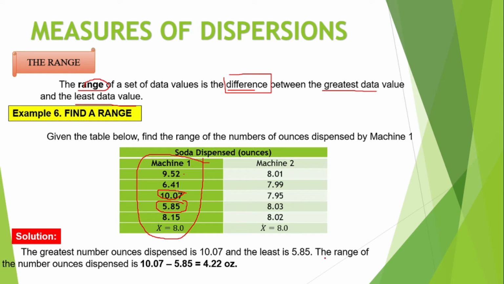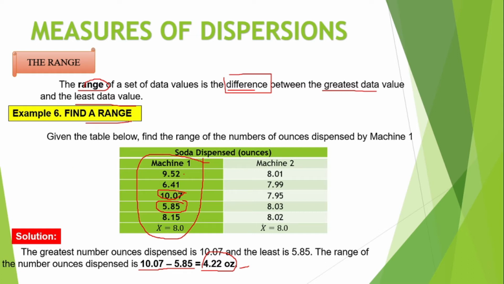So the range of the number of ounces dispensed is 10.07 minus 5.85, which is 4.22 ounces. So this will be our range. It is that easy.